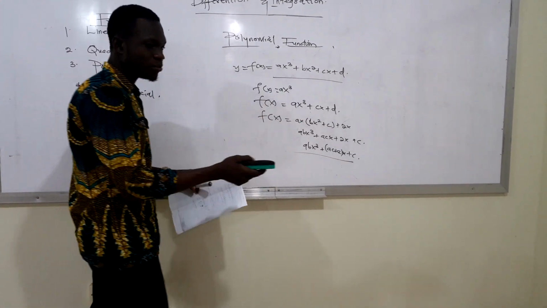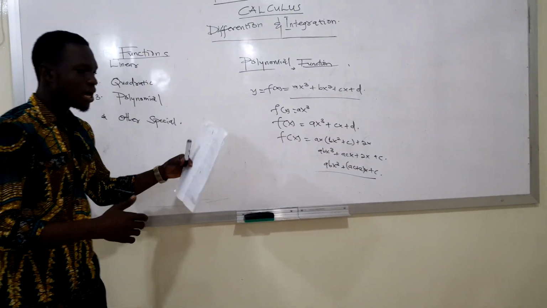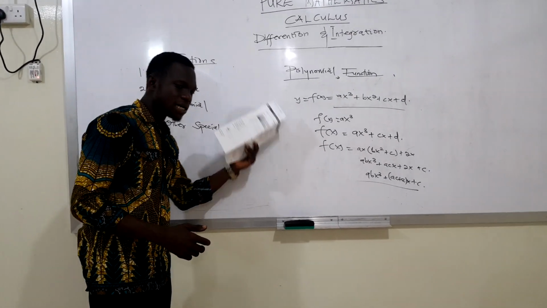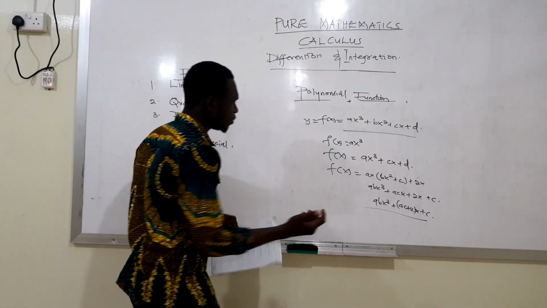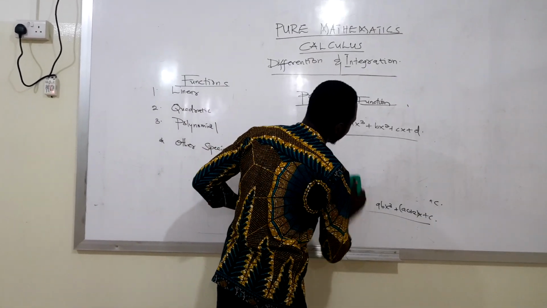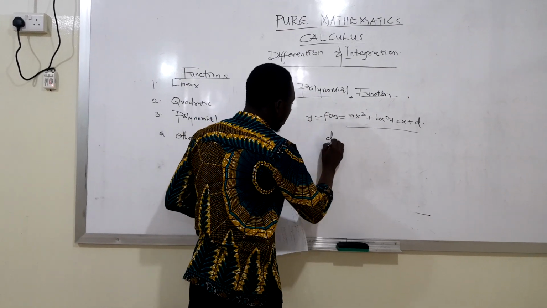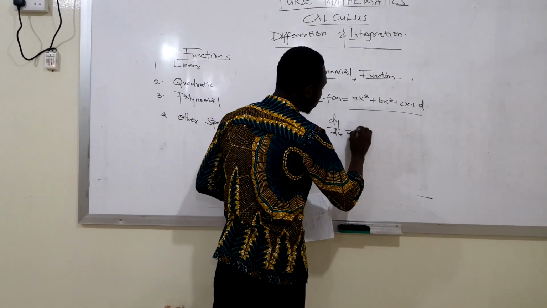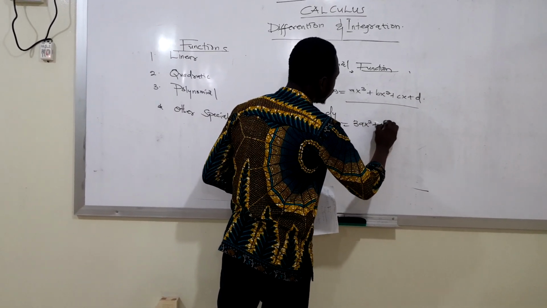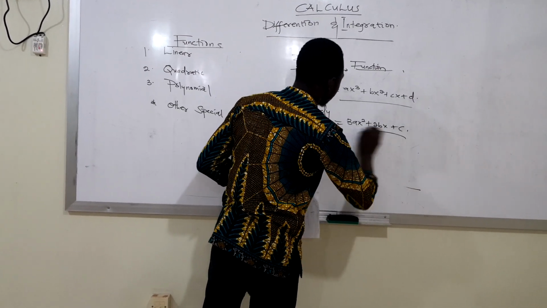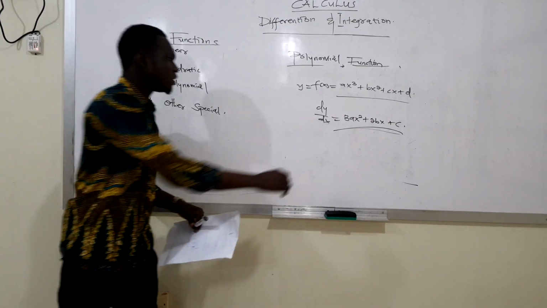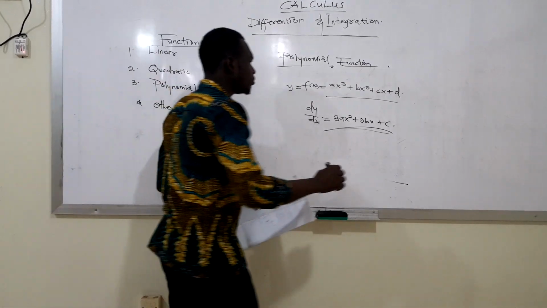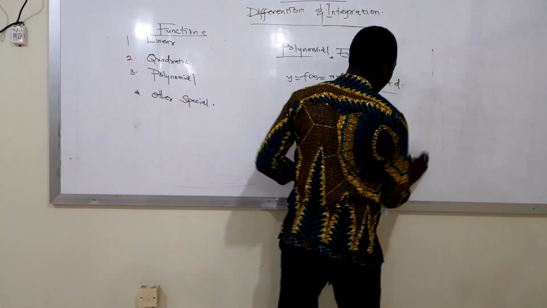Now, to differentiate a polynomial function, as with the first explanation with the linear and quadratic, there is no difference in it. We just have to do the simple differentiation. So dy on dx, the change in y with respect to the change in x, is equal to 3ax squared plus 2bx plus c, and this will be the derivative of this expression. That is just it. And with polynomial, it has this shape on the xy plane.